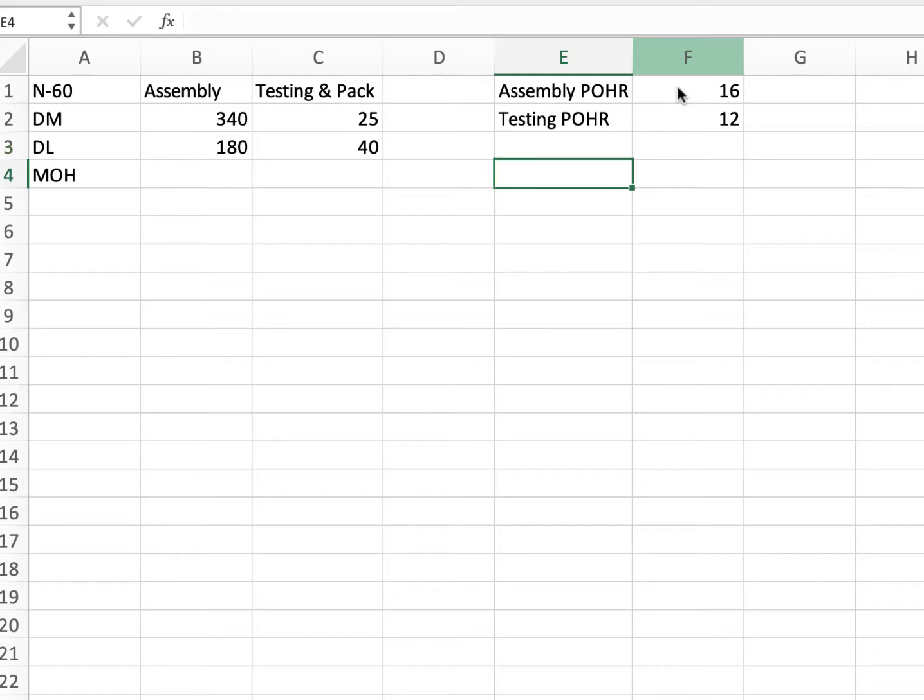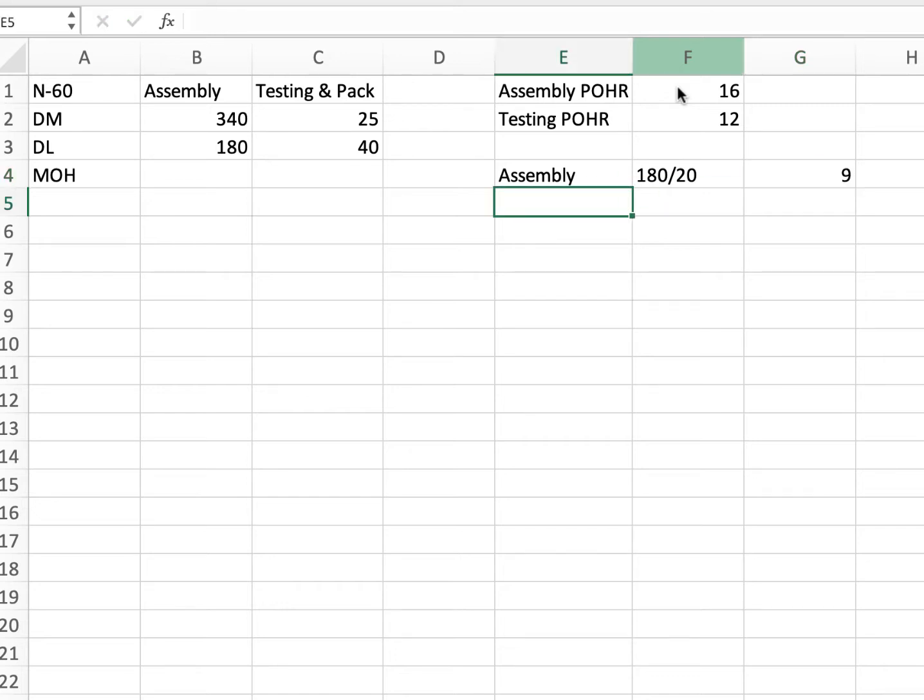If we're looking at assembly, we know that their direct labor cost is $180, and they pay their workers $20 per hour. They tell us that that is the direct labor wage rate, $20. So if I take 180 divided by 20, I get 9 hours.